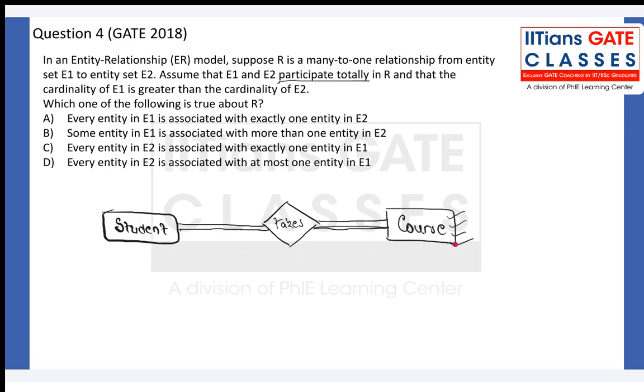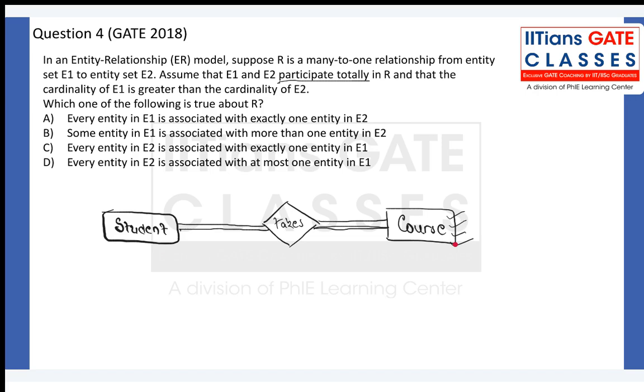So from the student side, total participation means every student takes a course, and from the course side, every course is taken by at least one student. Is it clear now?